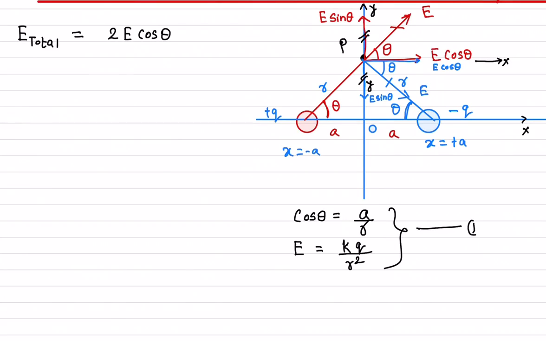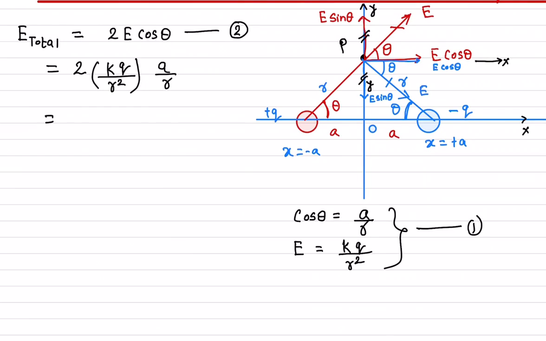So now let's plug these two into equation 2. What you get is 2 times the electric field, kq over r squared, times cosine theta, which is a over r.